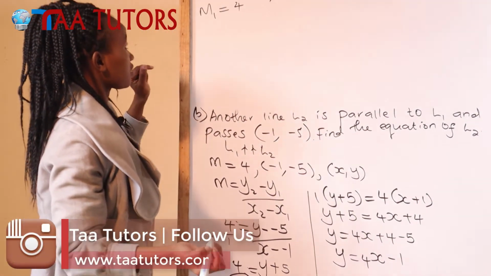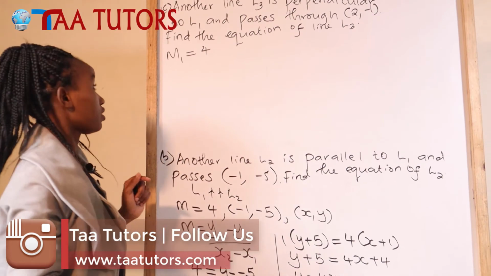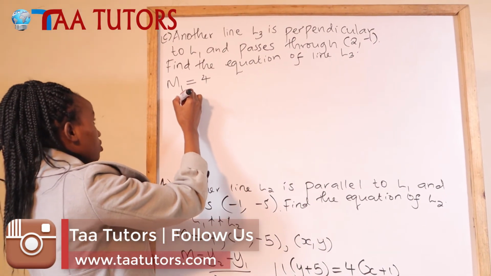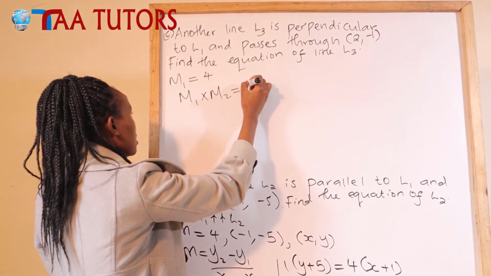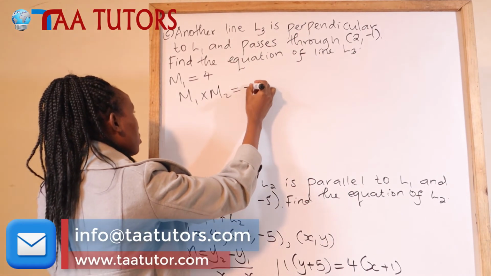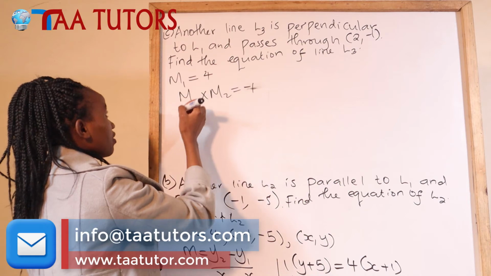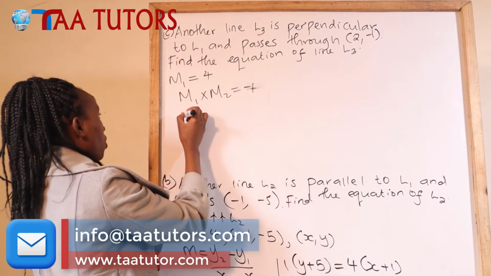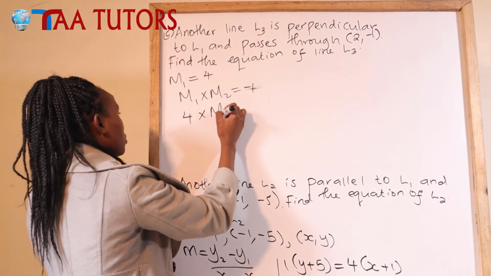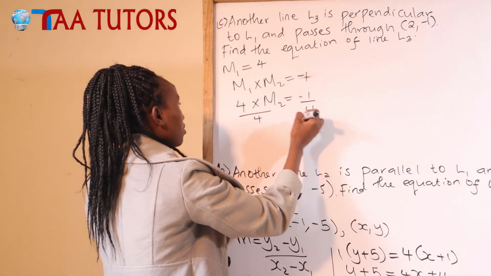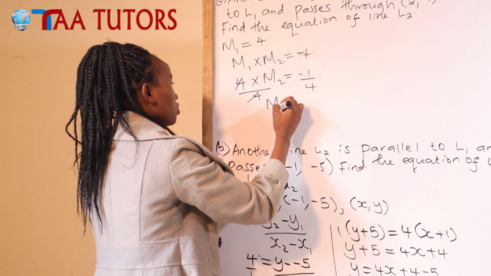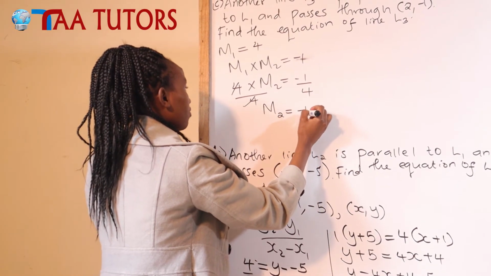So it means that the product of their gradients is equal to -1. We know the formula: M1 times M2 should give us -1. So the gradient of L1 is 4, times M2 equals -1. Divide both sides by 4. M2 equals -1 over 4.